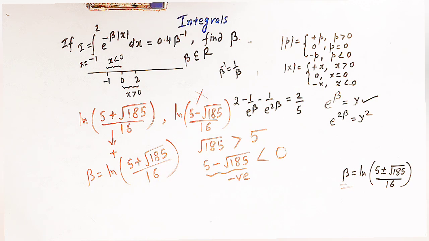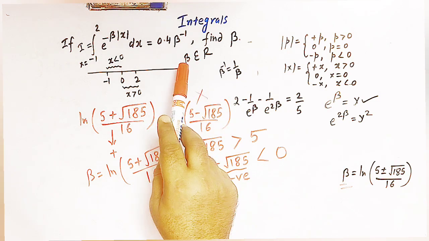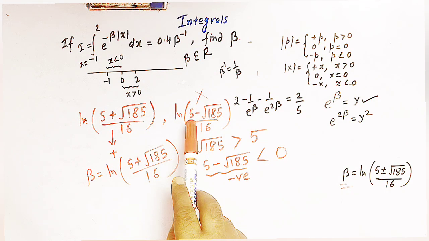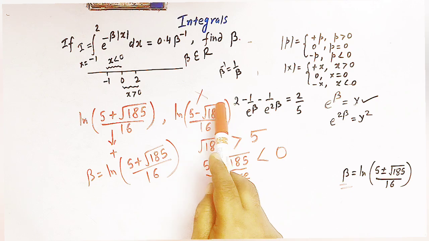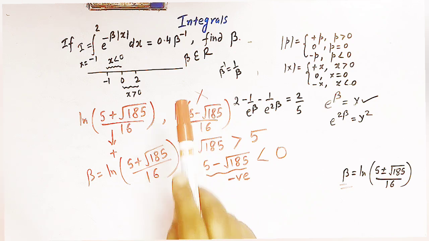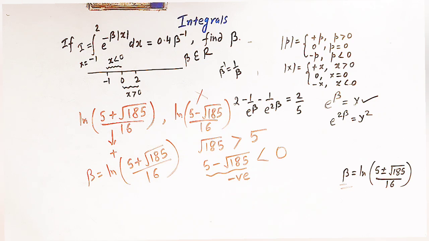So viewers, this is how we can solve this problem. And remember here, beta must belong to the set of real numbers, and here this quantity is negative, and the natural log of negative quantities is not defined in the set of real numbers.